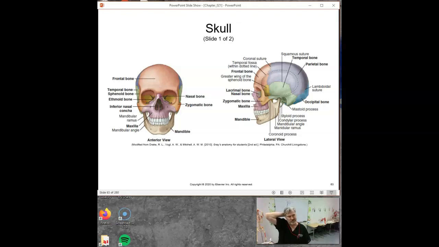Suboccipitals. Suboccipitals, thank you, sir. There are 8 suboccipitals there that attach my occipital bone to C1 and C2. And the bone here in front is your frontal bone, and then on the sides of your head are your parietal bones. And we will learn the rest when we get there.